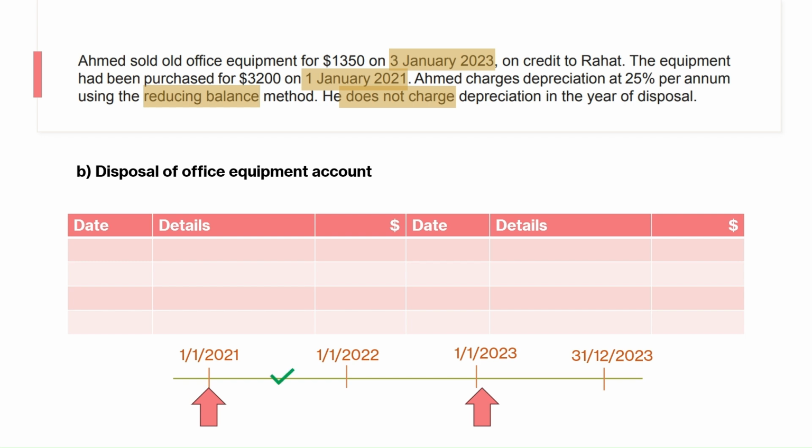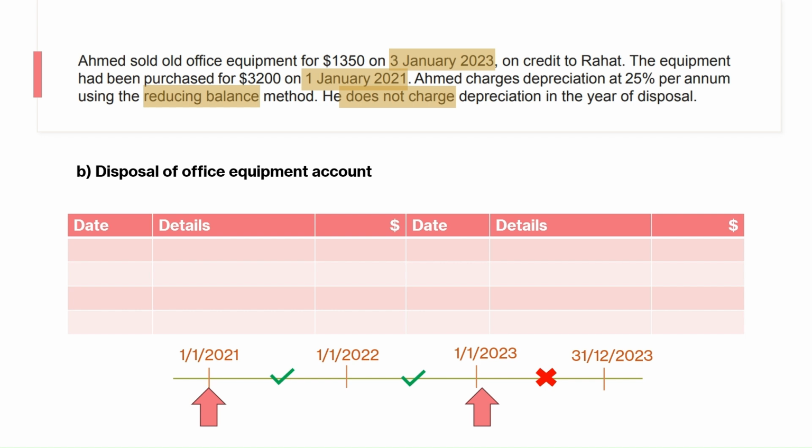Therefore, we calculate the depreciation for that year, and for the next year as well, from 1st January 2022 to 2023. But the question says that he does not charge depreciation in the year of disposal. Disposal occurs on 3rd January 2023, so we do not account for depreciation in the next year.